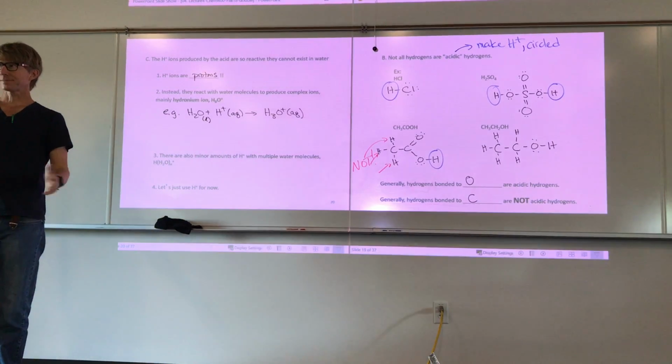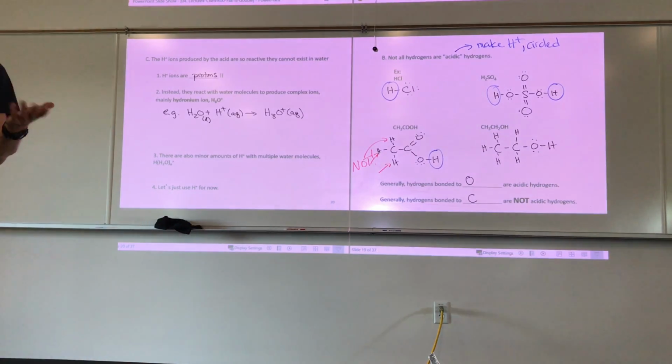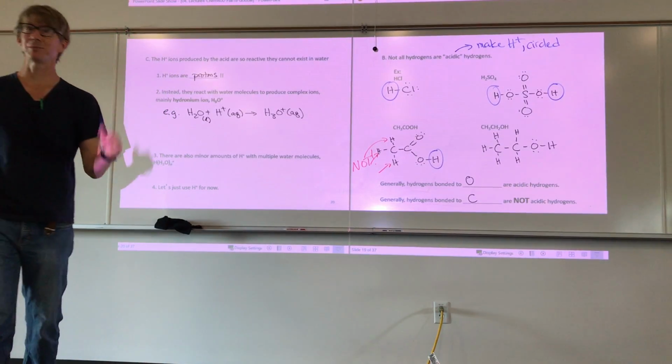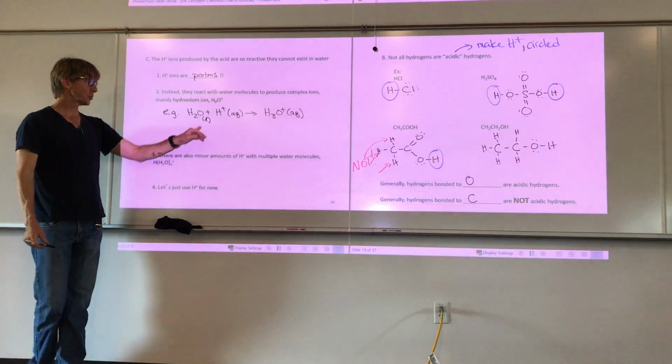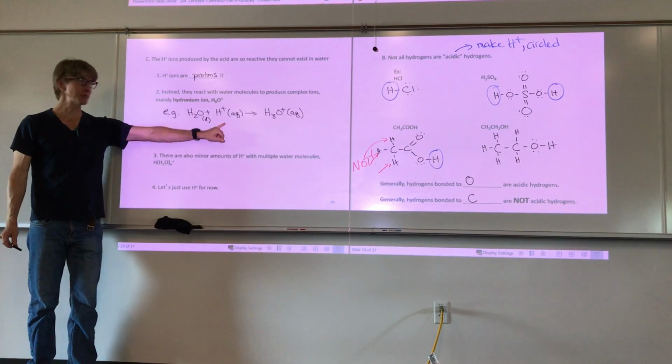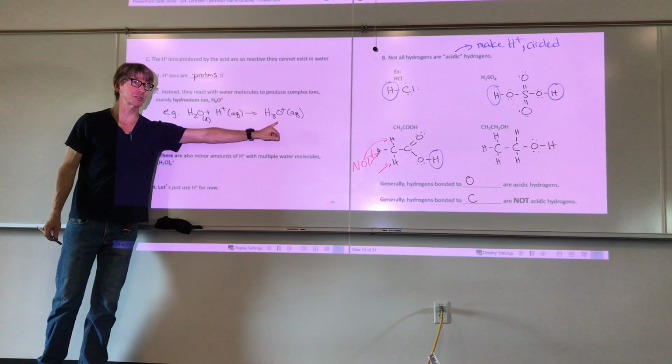Now, is there anybody who's taking cell and molecular biology this semester? How many people want to take it next semester? Because this is the prereq for it. So, when you get to cell and molecular, they work almost exclusively with H+. When you get to chemistry 401, we work almost exclusively with hydronium.